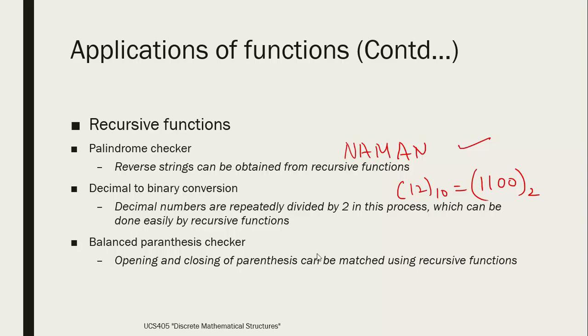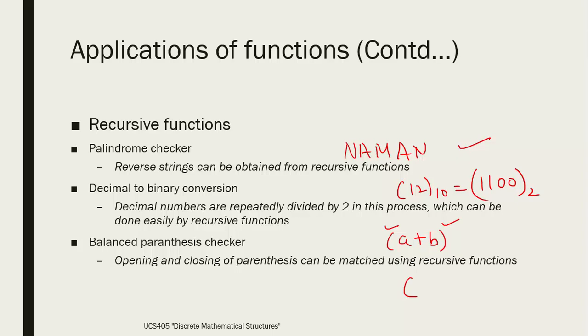Next, balanced parenthesis checker. Opening and closing of parentheses can be matched using a recursive function. For example, in the expression (a + b), the opening and closing parentheses match, meaning the number of opening and closing parentheses is the same and their order is also correct.